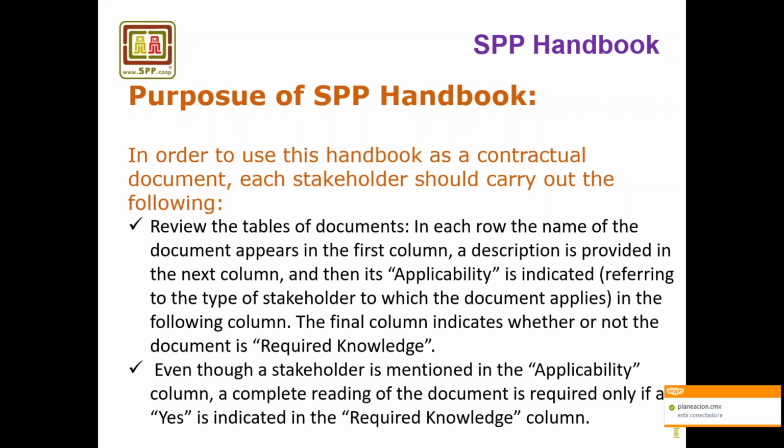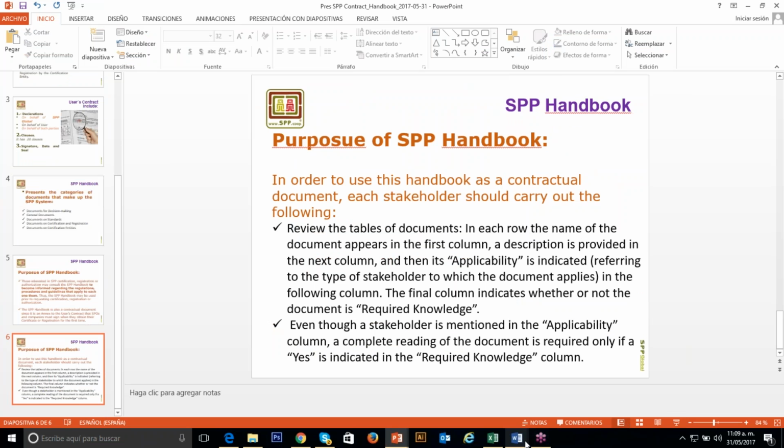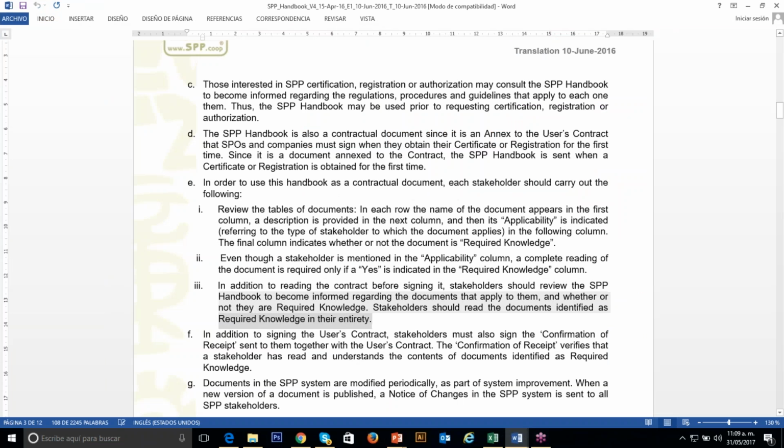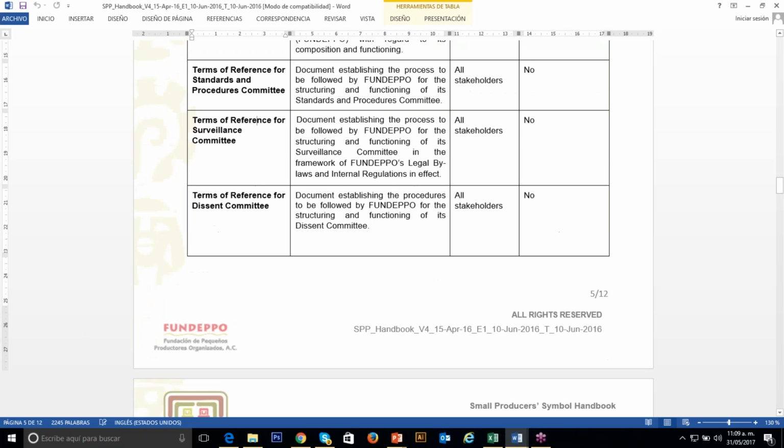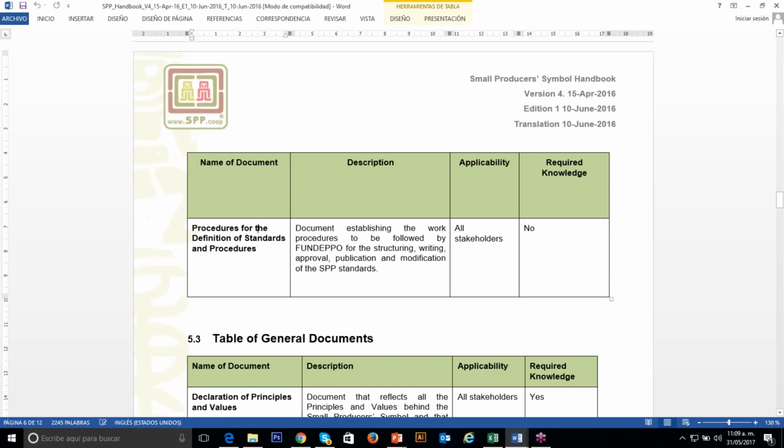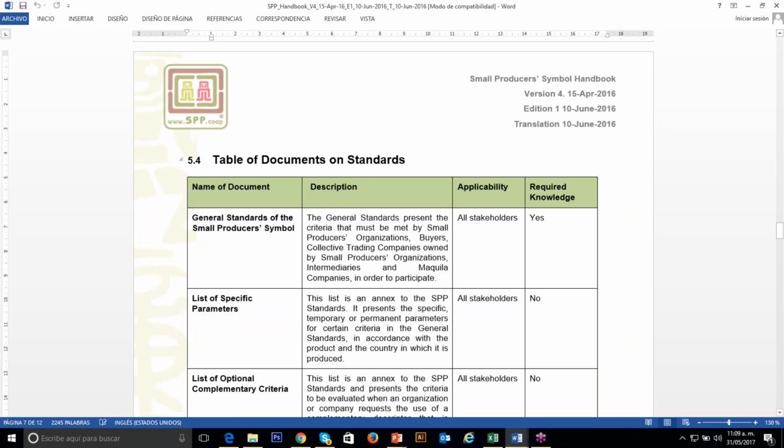Even though a stakeholder is mentioned in the applicability column, a complete reading of the document is required only if a yes is indicated in the required knowledge column. Then I will show you the handbook with the different tables that I mentioned before, in order for you to see, for example, the table of documents on standards.